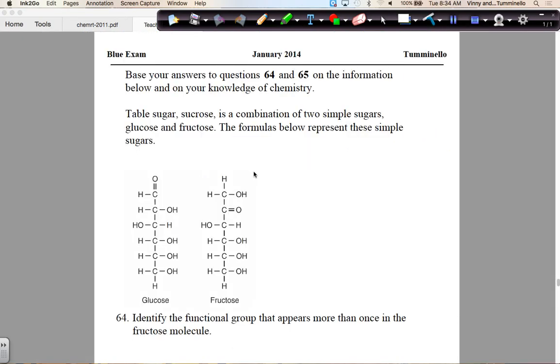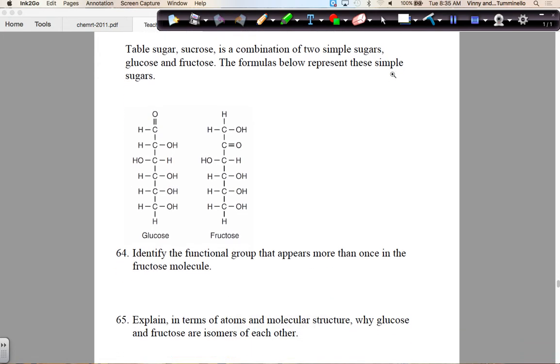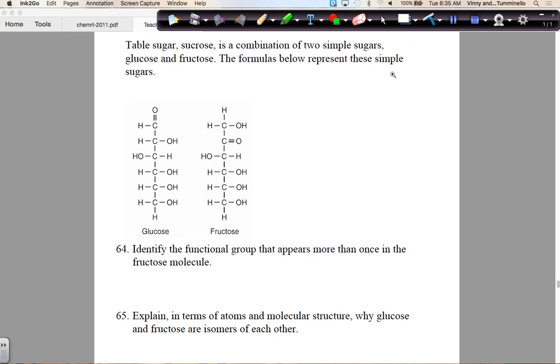Looking at 64 and 65, we have these molecular structural diagrams here. They are structural formulas because they show the structure, but we do not have lone pairs of electrons showing. It says that 64 and 65 will both be based on this, so I have them both on the screen here. And it says table sugar, which is sucrose, is a combination of 2 simple sugars, glucose and fructose.